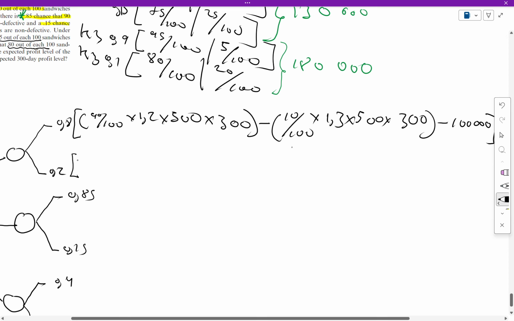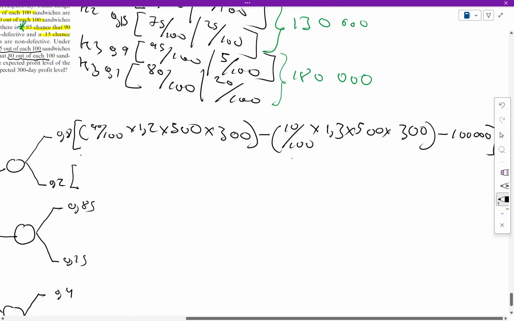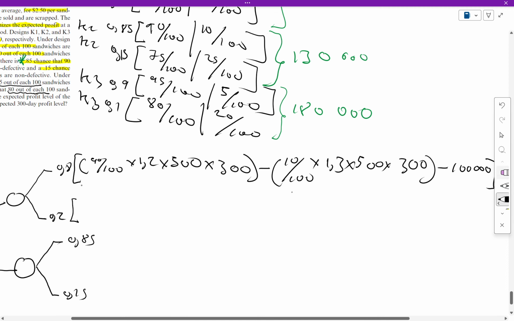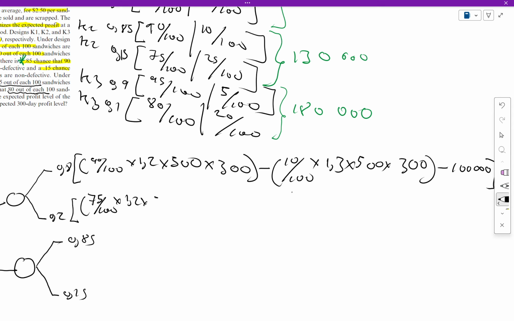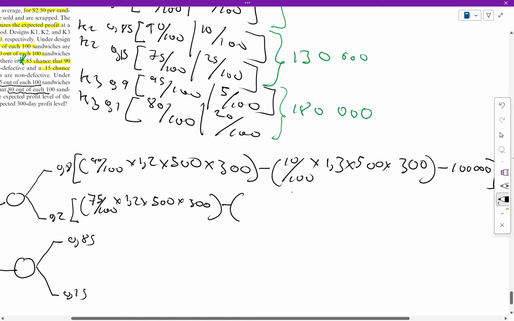Then here we have K2, which is 75 over 100 multiplied by 1.2 multiplied by 500 multiplied by 300, close bracket, minus this is going to be 35 now or 25.